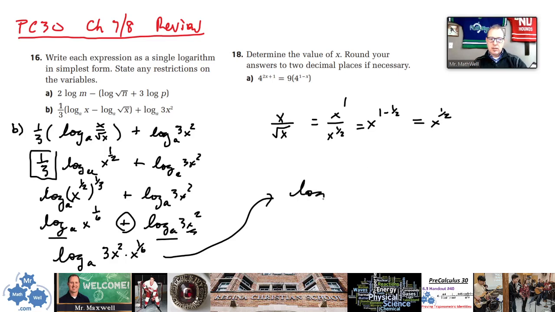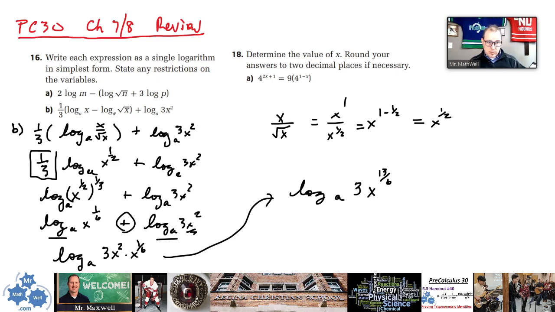So this becomes log base a of 3, and this is going to be, 2 plus 1 over 6, what is that going to be? 2 is actually 12 over 6, plus 1 over 6 is 13 over 6, if I'm doing that correctly. So x to the 13 over 6, 3x to the 13 over 6. Let's just check that. Okay, so fine, that's a great answer. We have to state any restrictions now.